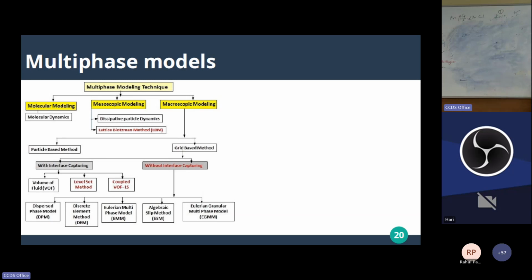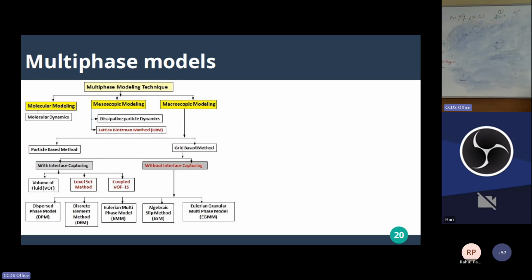If you want to resolve the entire engine spray by molecular modeling, maybe you will be in a position to resolve around one droplet in a better way. If it is macroscopic, which we will see in our examples at OpenFOAM level, the VOF techniques, level set, two-phase Euler, these are called macroscopic.